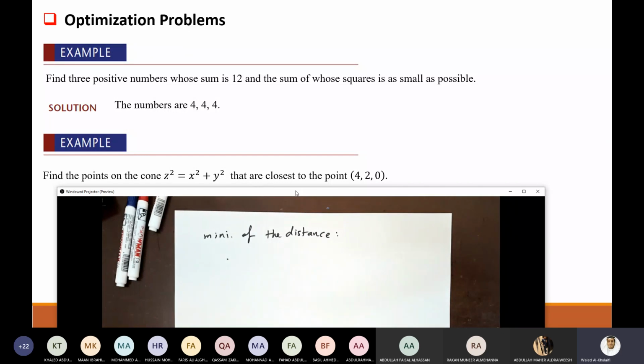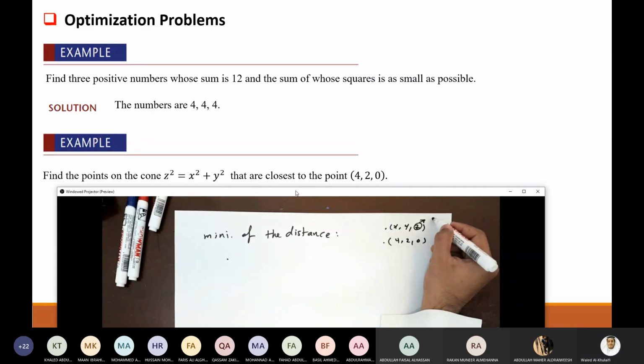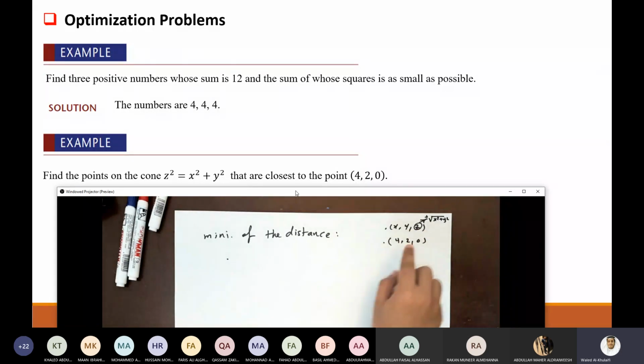But what is the distance? What is the formula of the distance? We are talking about 3 dimensions. So we have x, y, z, and the other point he gave you is (4, 2, 0). Of course, this is a point on the surface. The z component is exactly, let's say, the square root of x squared plus y squared, plus or minus. You know exactly what z is. But let's say this is (x, y, z) on the surface and this is the other point.